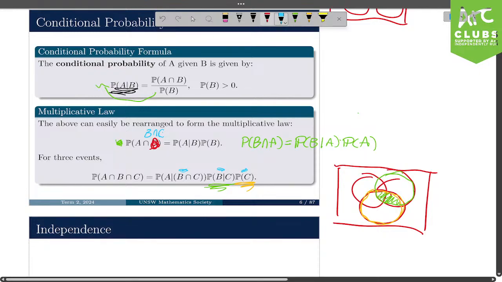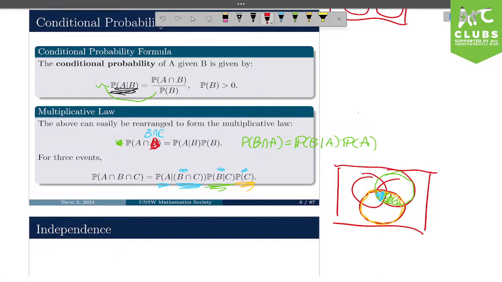And then the third term says, if we're in B intersect C, what's the probability that we're in A? That pushes us back into this center. So that's a formula you might have to remember for the probability of A intersect B intersect C, so 3 events.